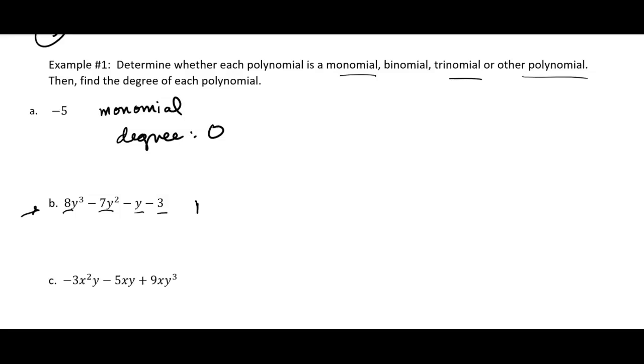It's a polynomial. You don't have to put other polynomial. You can just put polynomial. And then what's the degree? Degree is 3. Because this one is a 3, this one is a 2, this is a 1, and this is a 0. So out of all the terms, the one with the largest degree is 3.